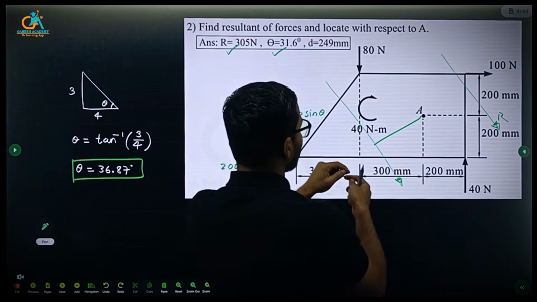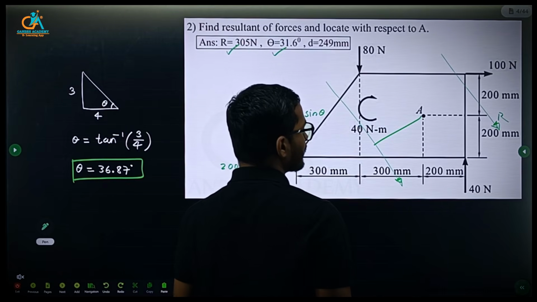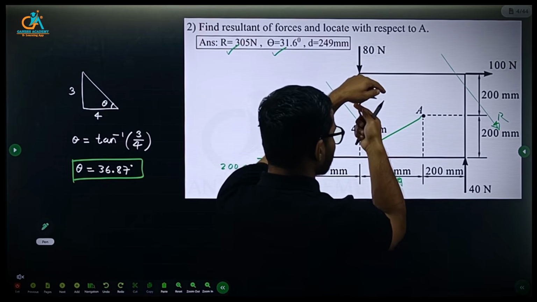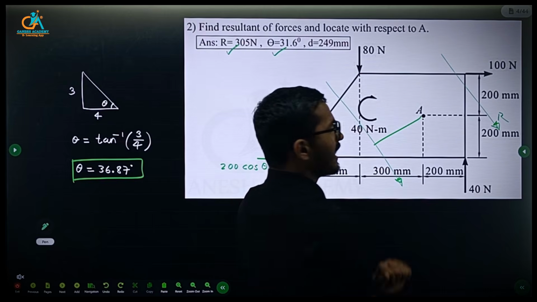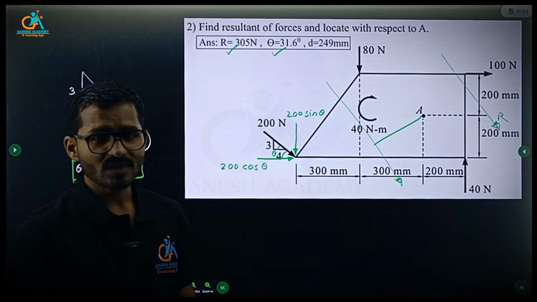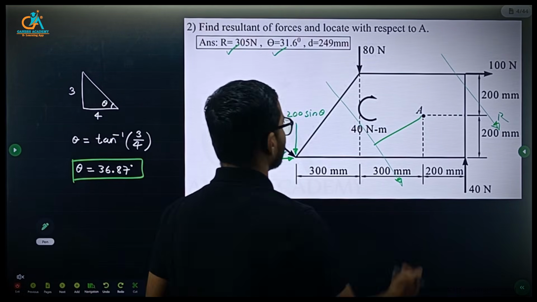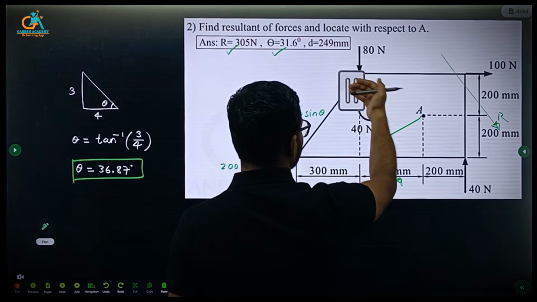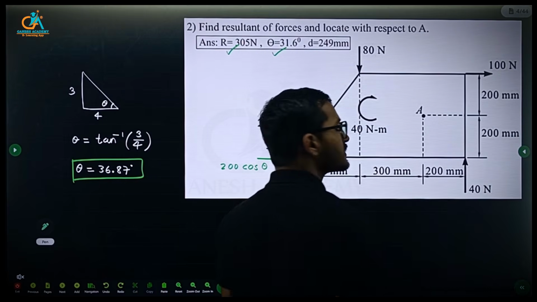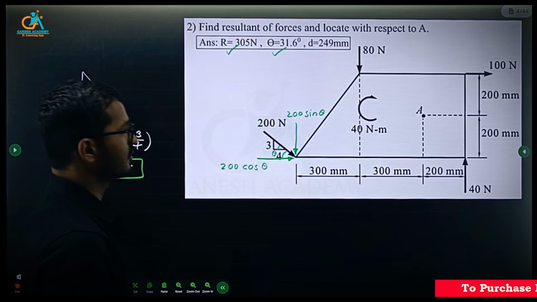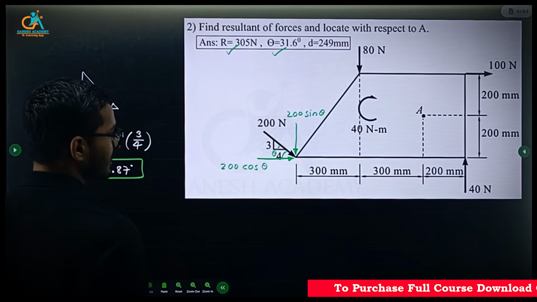If it is anti-clockwise, the resultant will be something like this, and it will produce anti-clockwise rotation. So first we have to find the rotatory effect of the forces in terms of moment.